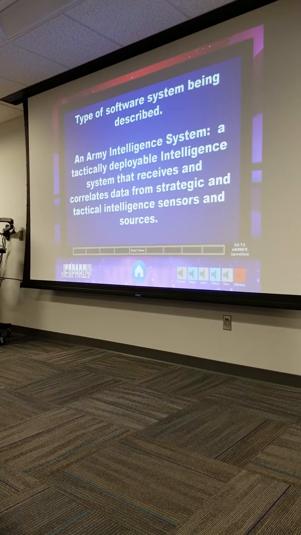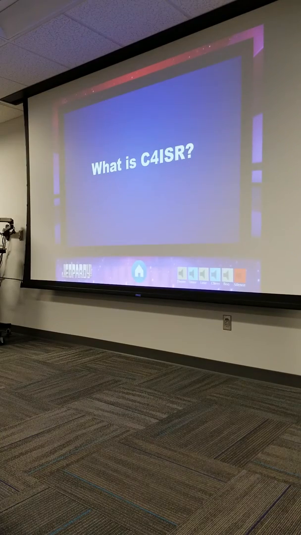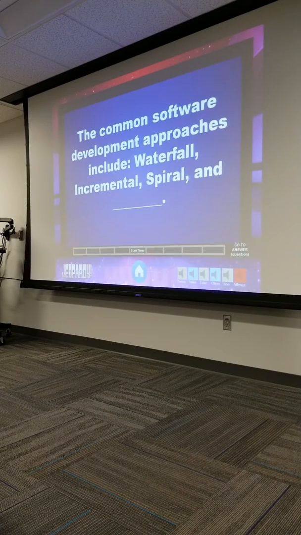All right, what type of software system is described here? Intelligence system, strategic and tactical intelligence. C4ISR, right? Command, control. The common software development approaches include waterfall, incremental, spiral, and agile.